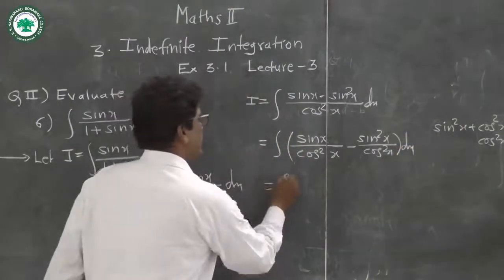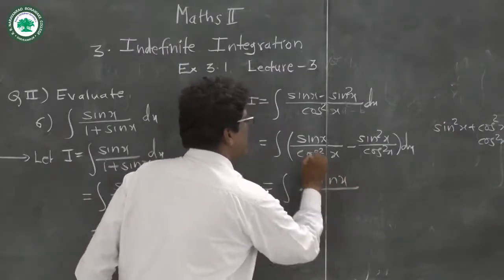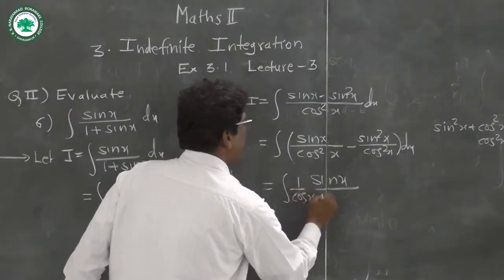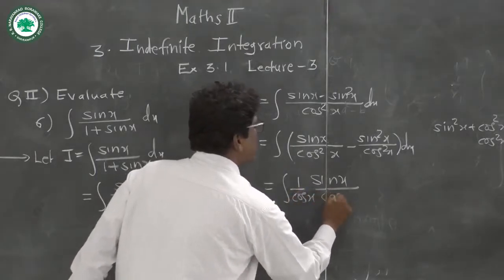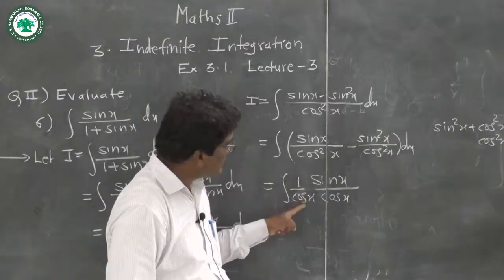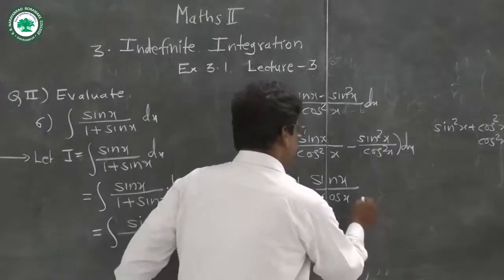Now we get integration of sin x upon cos square x, which we write as 1 upon cos x into sin x upon cos x. Separate the integration.